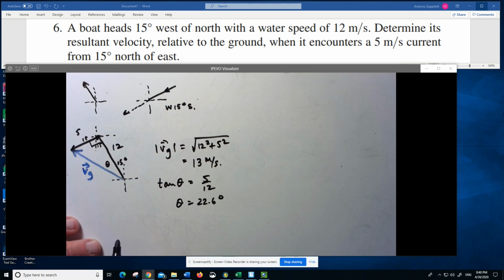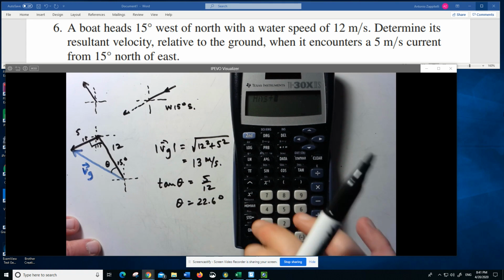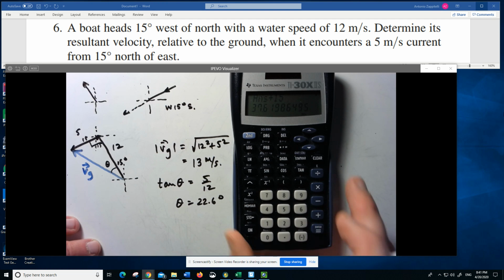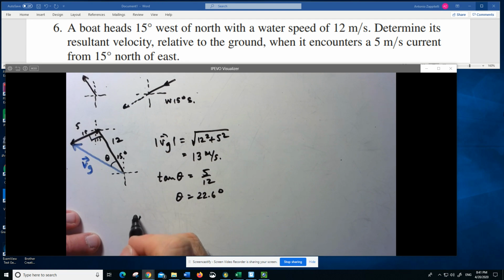If I want to get a direction here, I might as well start at north, and I've got 15 degrees here, plus this angle theta will give me the number of degrees towards the west. 22.6 plus 15 gives us 37.6. So our final answer here, the ground velocity, is going to be equal to 13 meters per second.